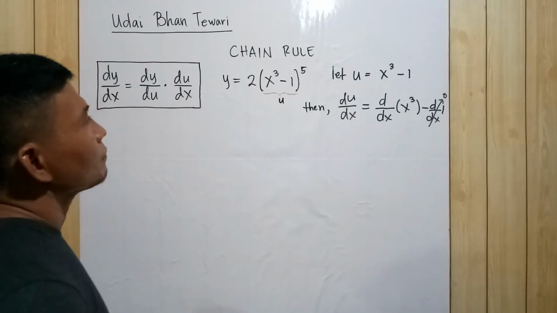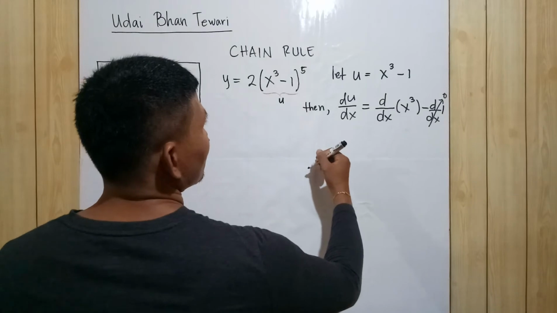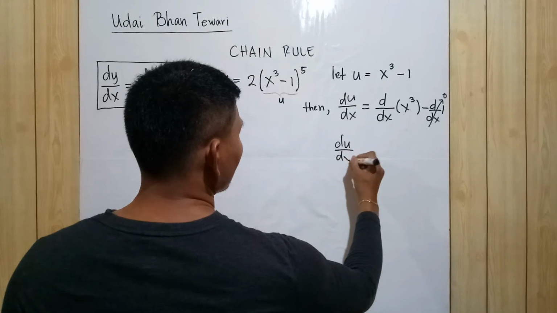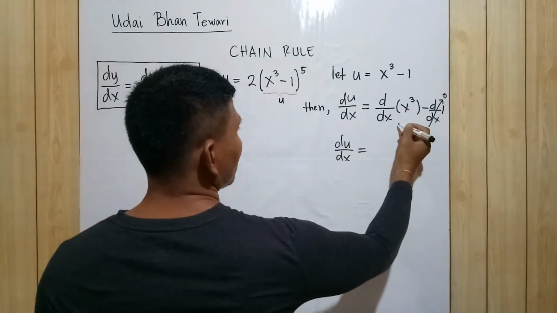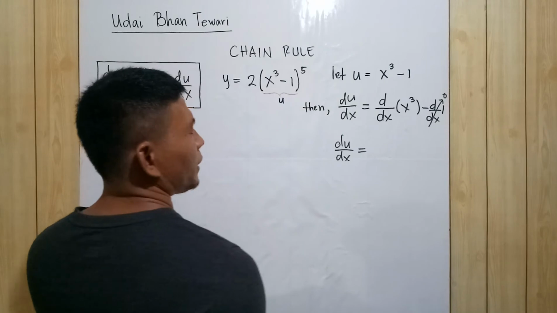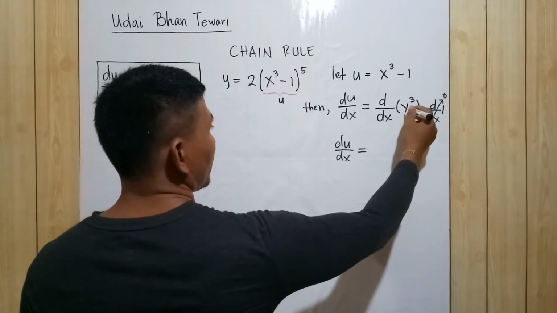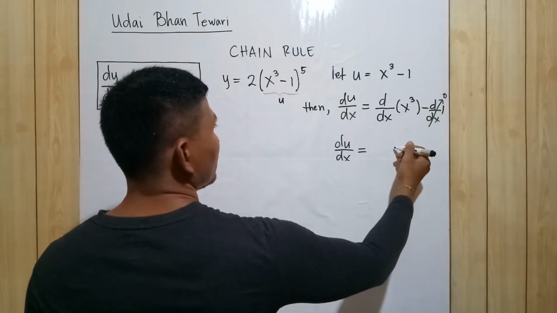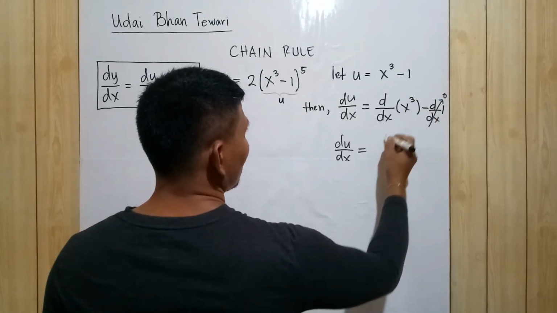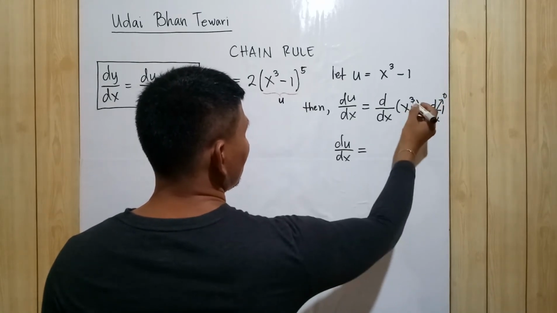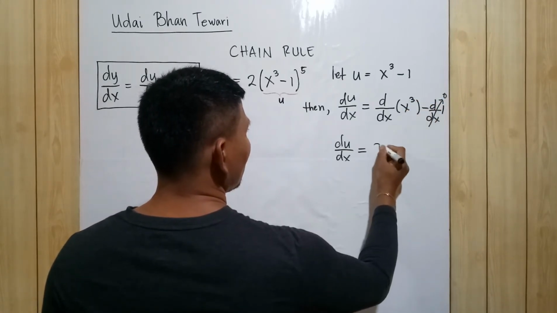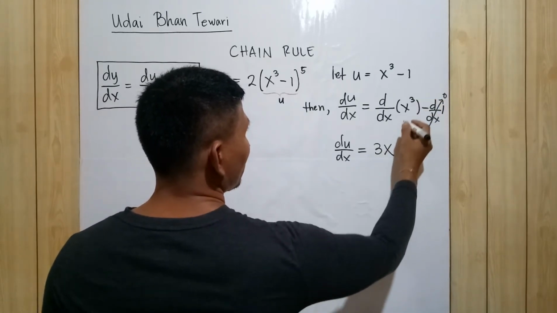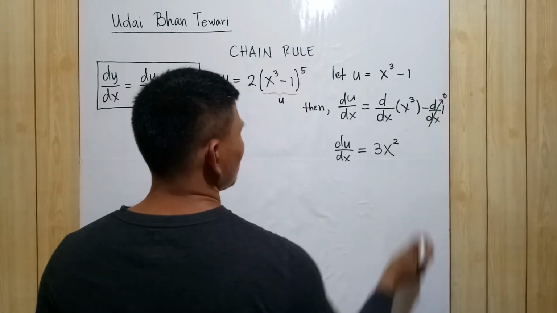Okay. So we now have du dx equals the derivative of x cubed, where the rule in differentiating a value raised to a power will give us that the coefficient before will be the exponent, 3, and then x, and then the exponent less 1, so we have 3 minus 1 is 2.